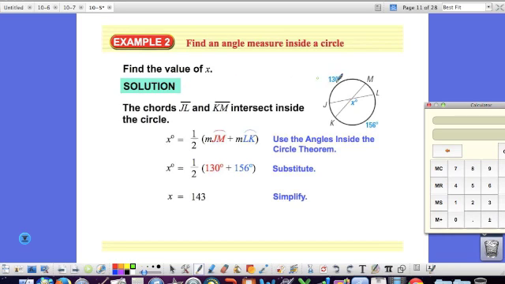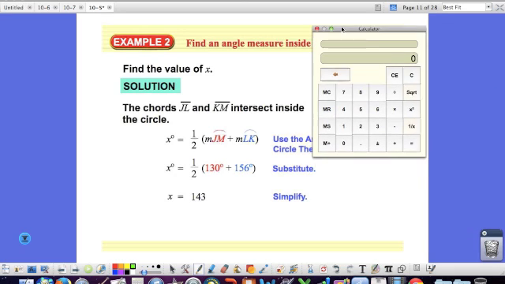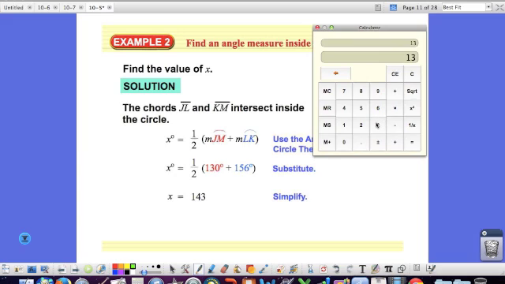So, find the value of x. When these lines intersect here, and I want to find this angle, it's JK and JM. Arc JM is 130 degrees. Arc KL is 156. So they skip a step here. I'm just going to go through it with you. 130 plus 156 is 286.